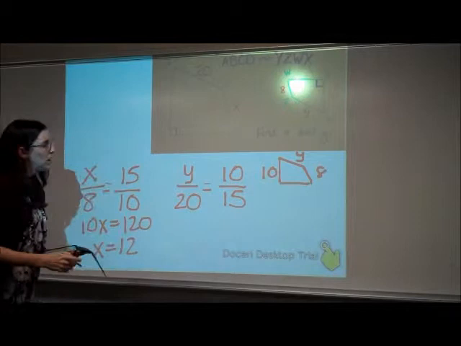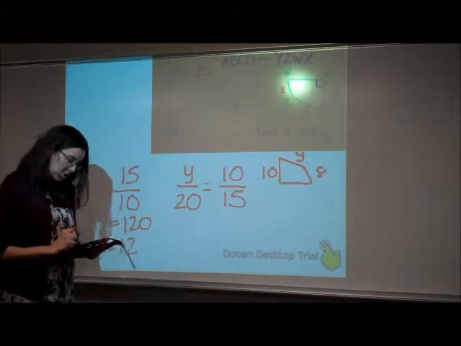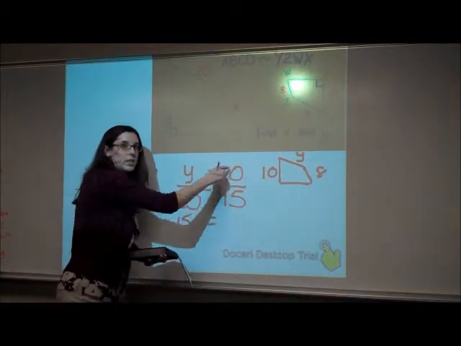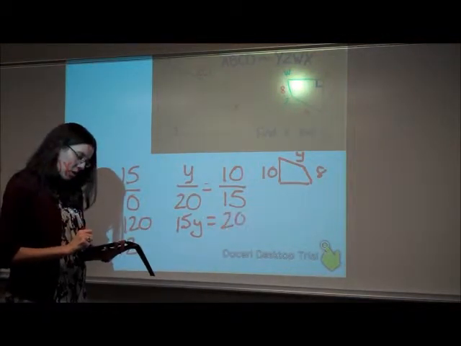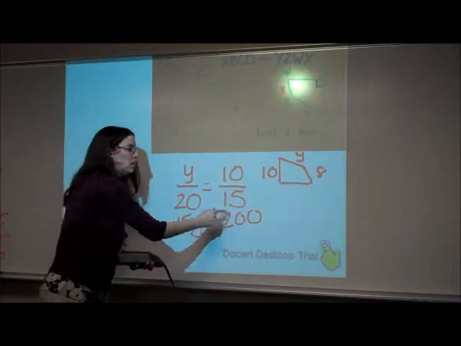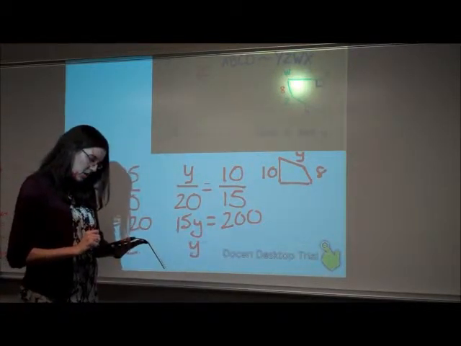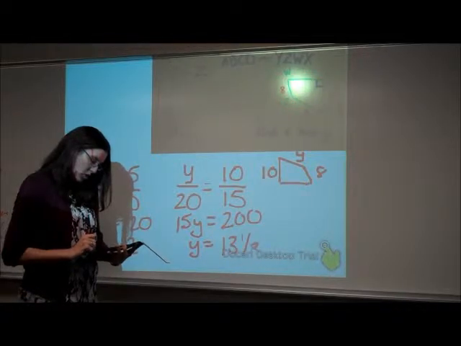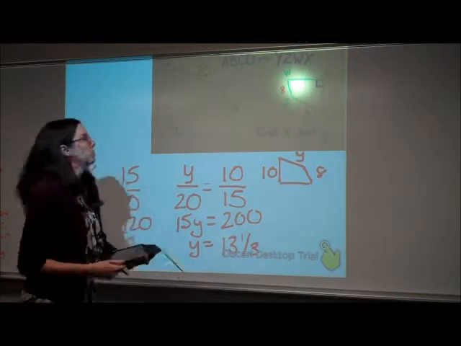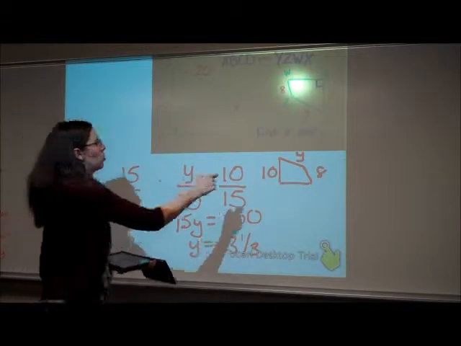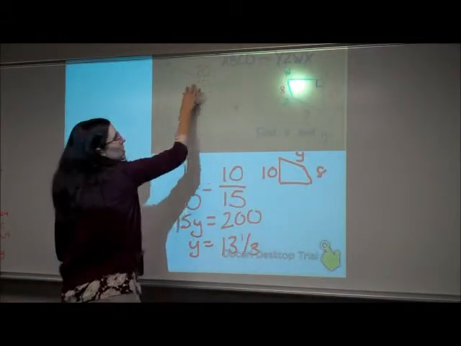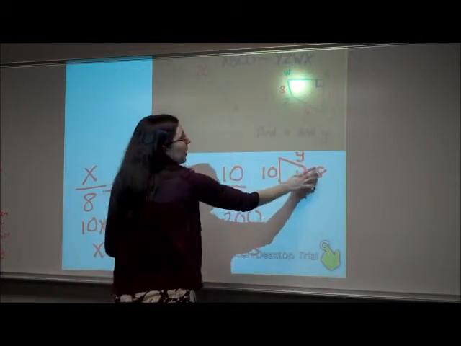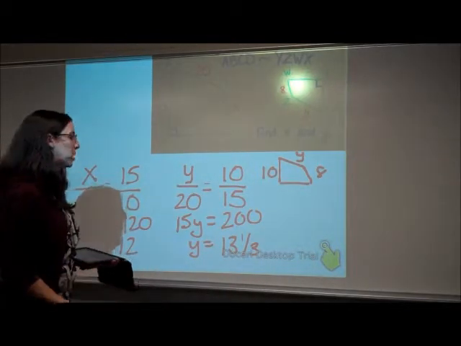Then solving this proportion, I get that 15y is equal to 20 times 10, which would be 200. Dividing both sides by 15, I get that y is equal to 13 1/3. So that was y. 13 1/3 is less than 20. X was 12, and it's bigger than 8, so we should be pretty good.